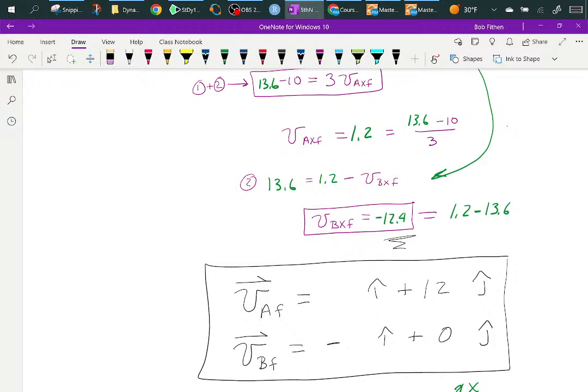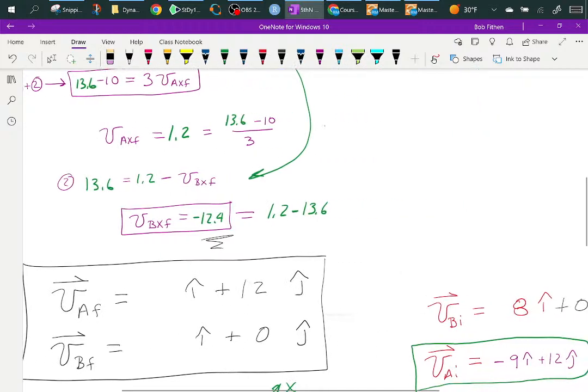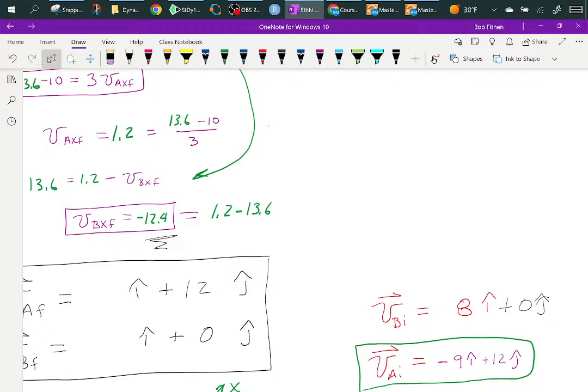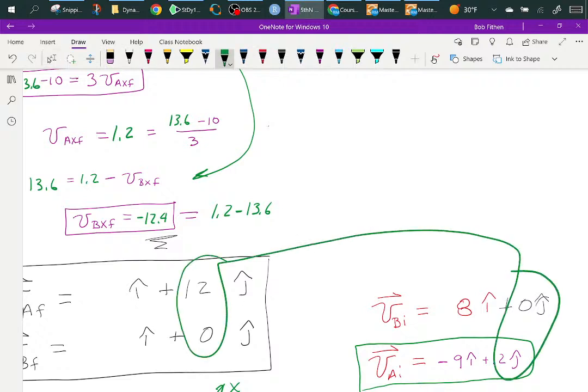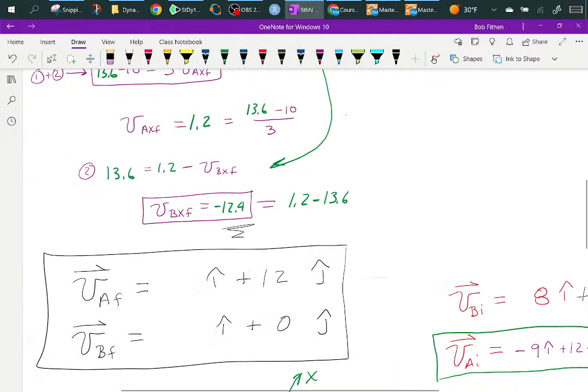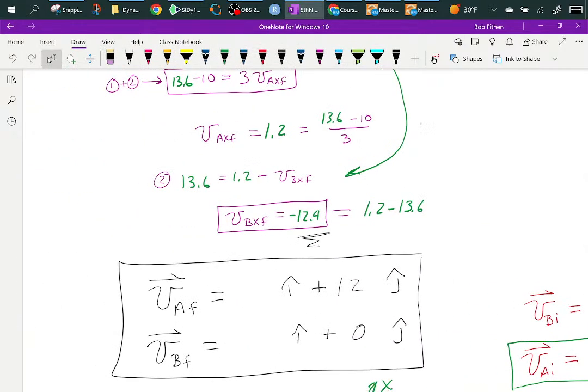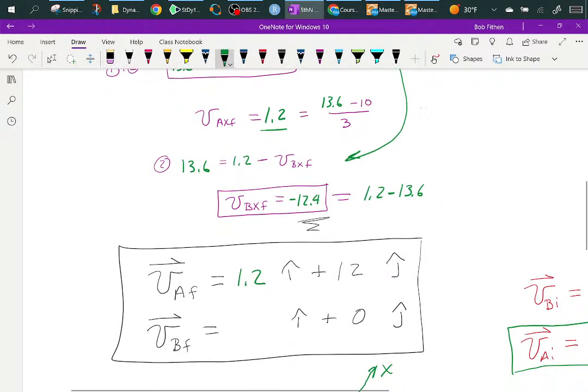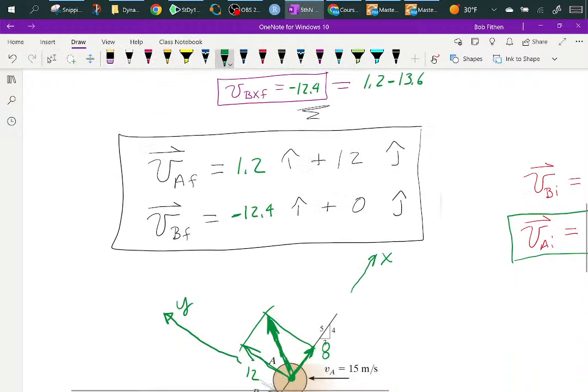Believe it or not, the only two that get fixed are those two, because these remain from right here. So the term that goes right here is VA final, which is this one, 1.2, and the other one is minus 12.4.